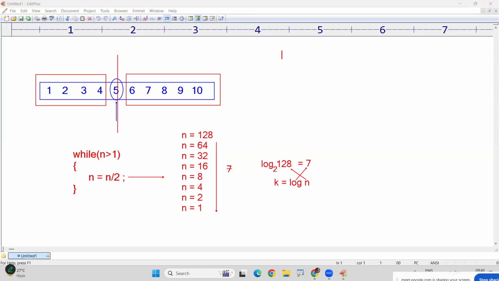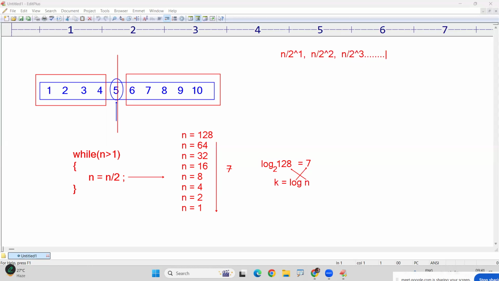So simply to say, for example, first n by 2 power 1. In the next iteration, what will happen? N by 2 power 2, which is n by 4. Next, n by 8, which is 2 power 3.